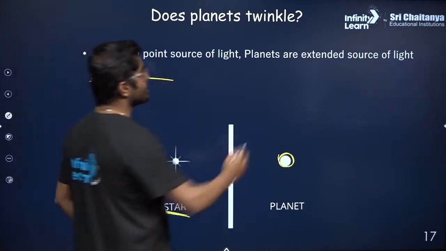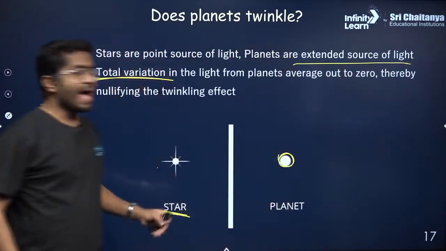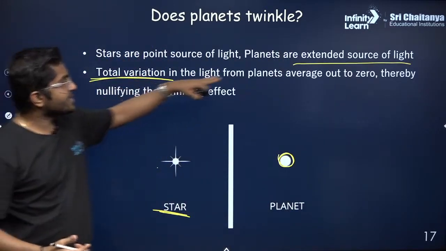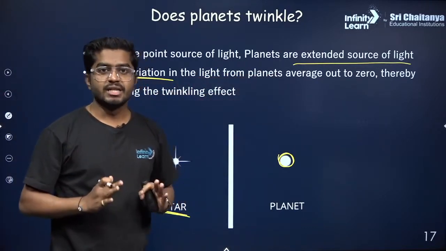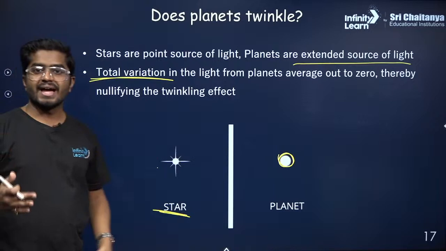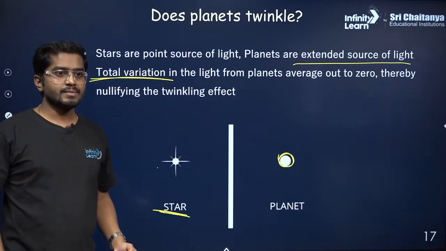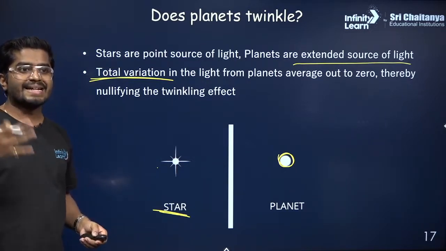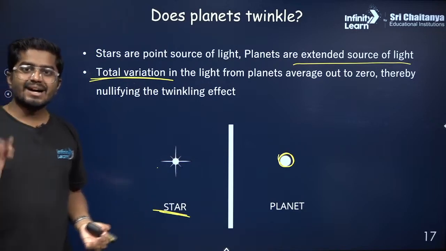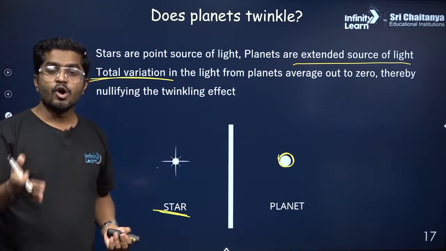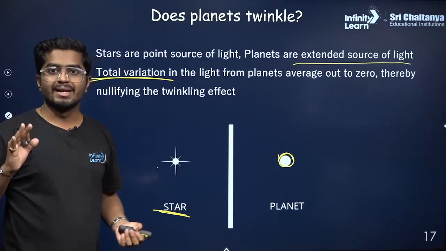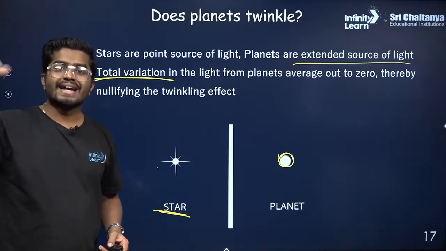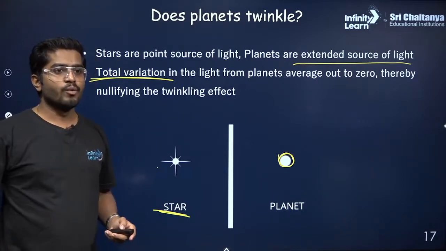So these are extended sources of light, and so the variation of light that is reflected from the planet averages out to 0. So there is not much variation in the light. That is why they do not twinkle. Yeah, they don't have their own light, but they reflect light, correct? They reflect the light and they are extended sources. That is the same reason why the moon or the sun also do not twinkle. Why do the moon and sun not twinkle? They are very close and the overall intensity averages out to 0.